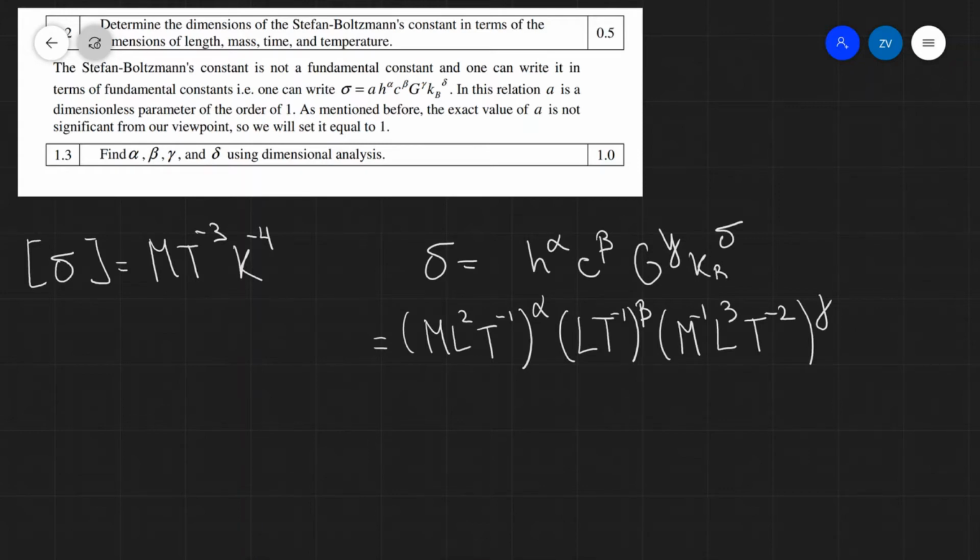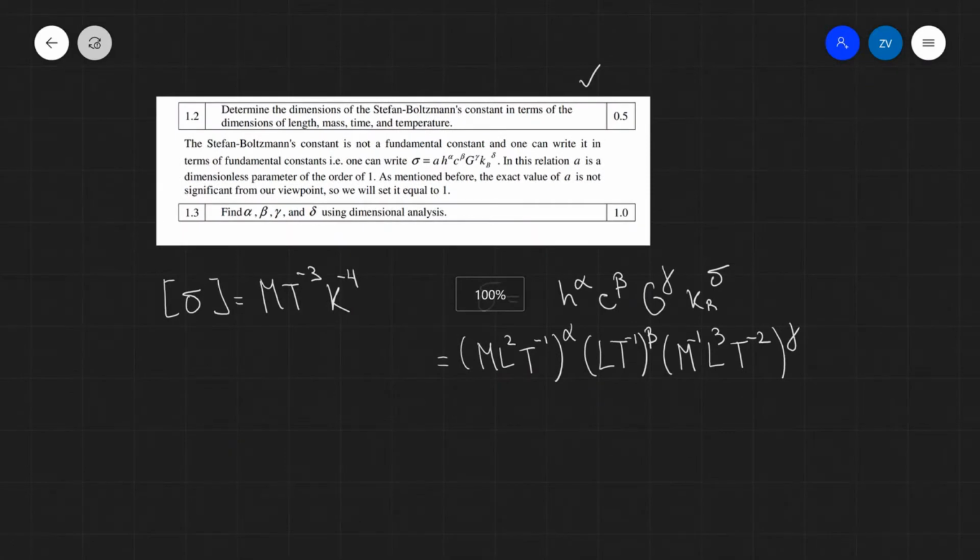I'm just going to rewrite my power gamma a little bit more clearly so that you don't get confused.